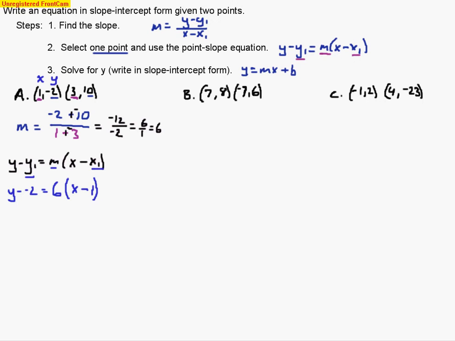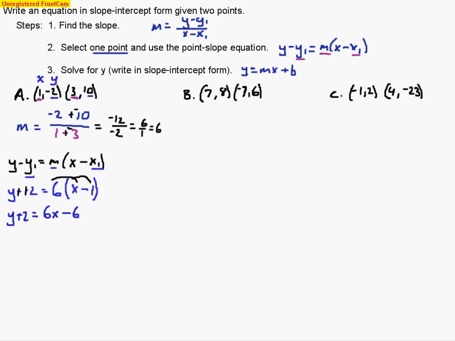Now whenever I have that minus negative, remember that makes a plus positive. And then I'm going to also distribute that 6, the slope, over that difference of x and 1. So what I've got now is y plus 2 equals 6x minus 6.